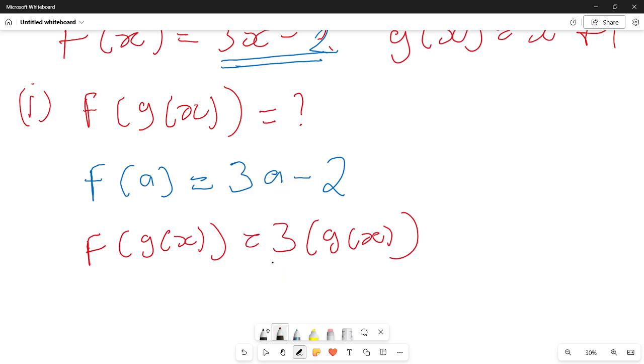When you had a, you substituted a. Now that you have g of x, where there is x, you are now putting g of x. But not forgetting minus 2. So there is a minus 2 here.